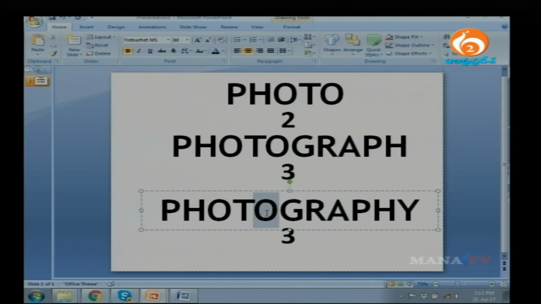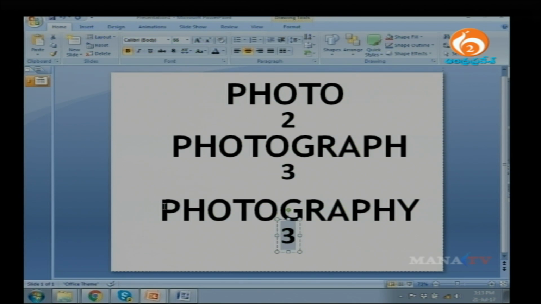O, 1, 2, 3. But how many syllables do I have? Photography. Photography. 4 syllables. Number of vowels is 3, but syllables are 4, which means syllable count does not depend on count of vowels. It depends on count of vowel sounds.